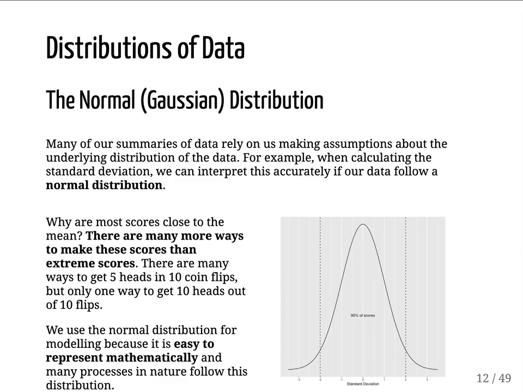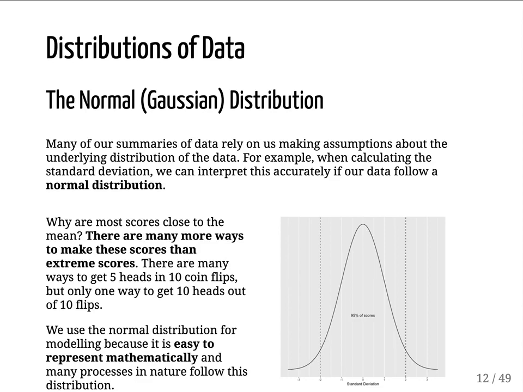Now, one way to think about this would be, imagine I have a coin and I want to flip that coin 10 times. For me to get 10 heads out of 10, there's only one way that I can do that. I need to get heads and then heads and then heads, and on, okay? But if I want to get 5 heads out of 10 coin flips, I might produce that by getting 5 heads in a row first, then 5 tails.